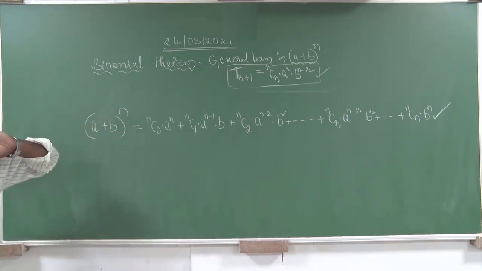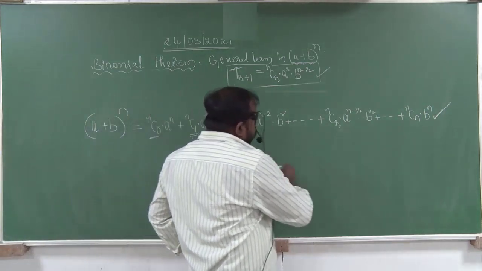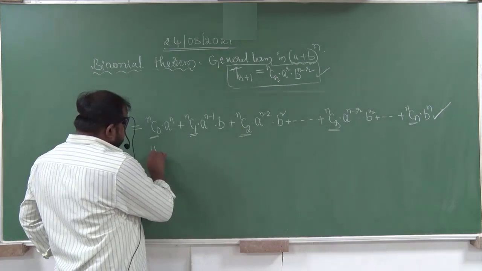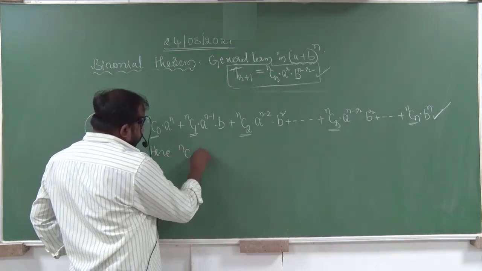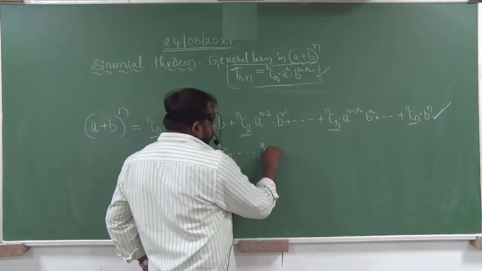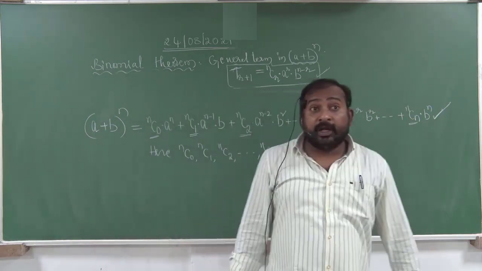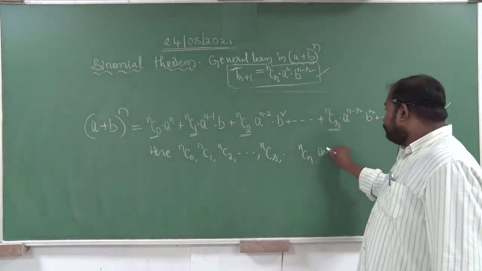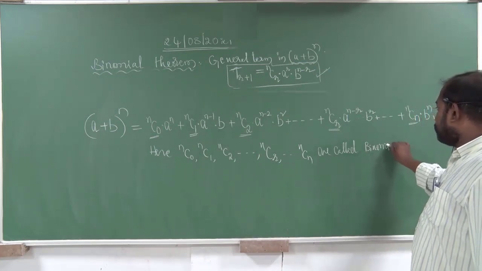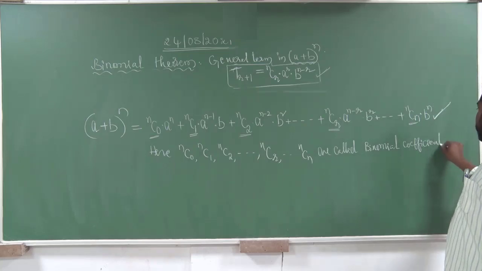Here, these nC0, nC1, nC2, so on nCr, so on nCn are called binomial coefficients. Keep that in your mind.